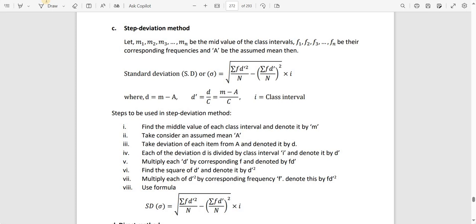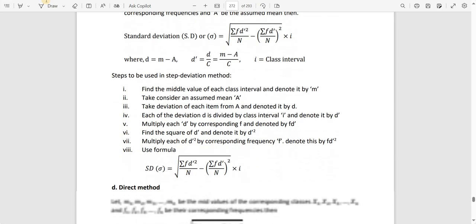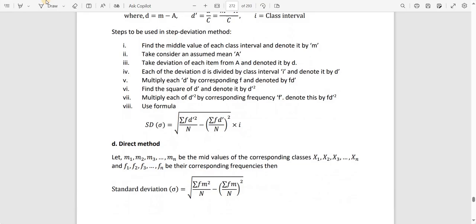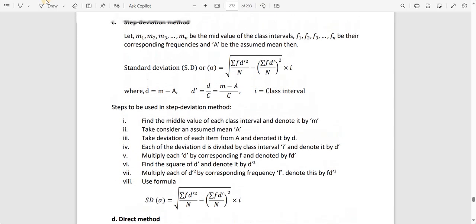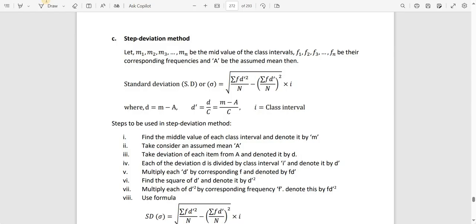We introduce a C. It is the class interval. We can take different class intervals, but I have no clue about the C because nowhere is it mentioned. D dash equals D by C. I think this is not C, this is i, maybe.